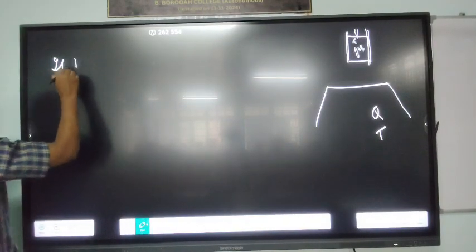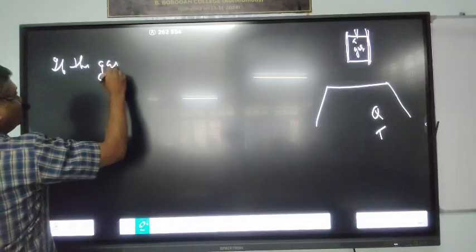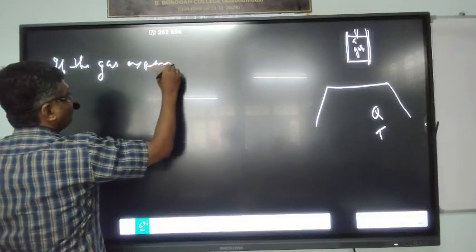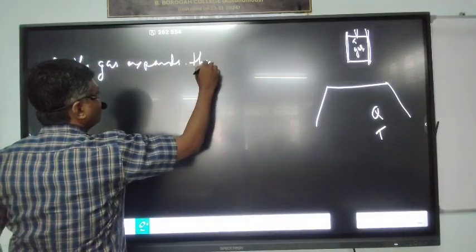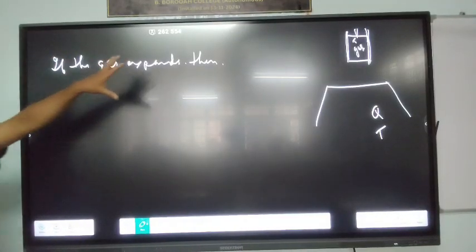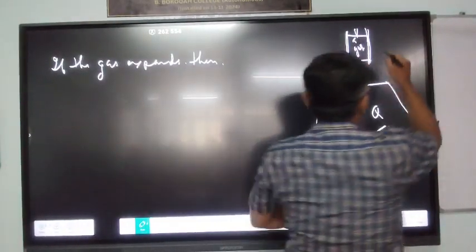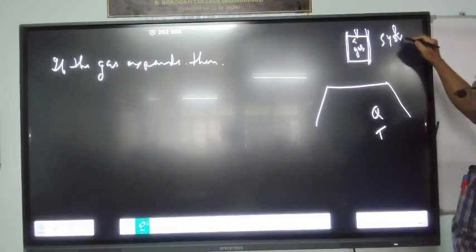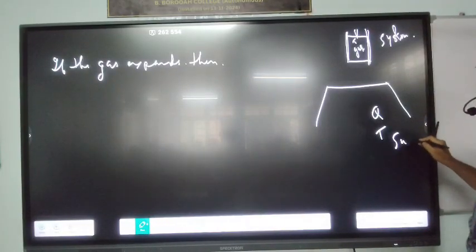If the gas expands, the gas is my system and this will be my surrounding.